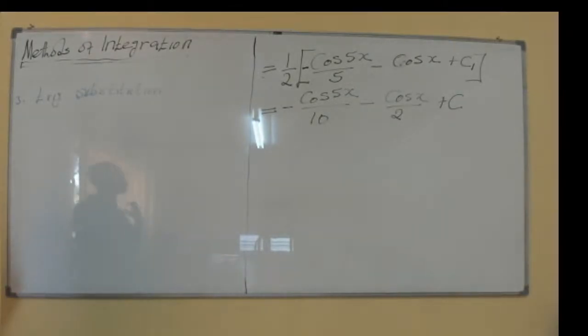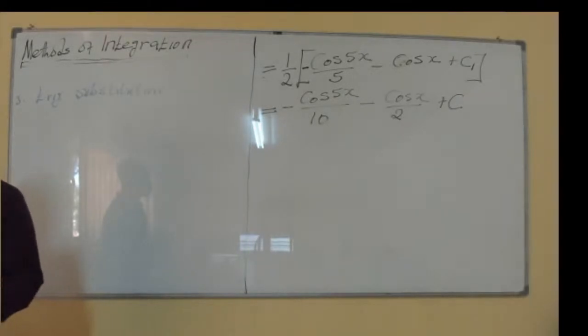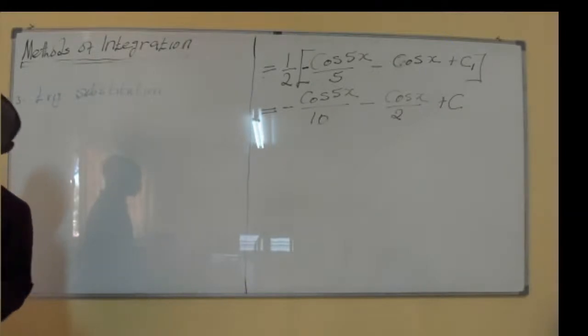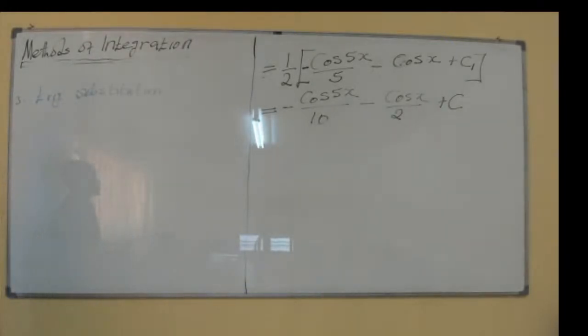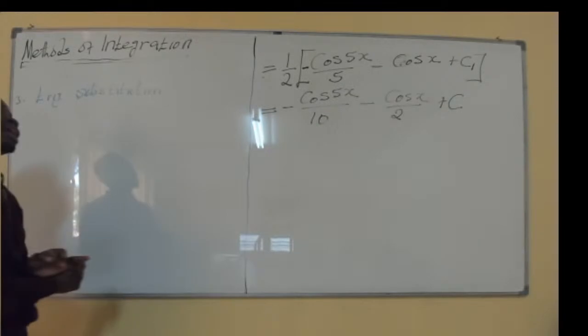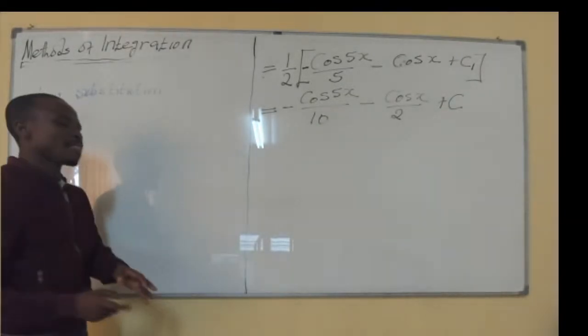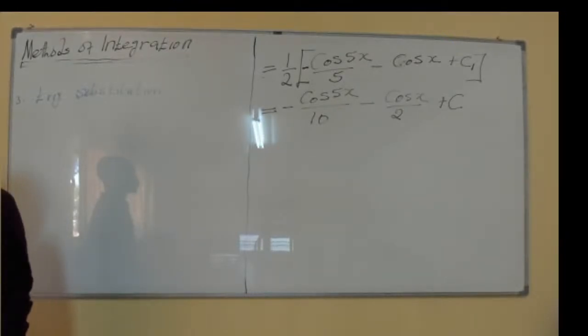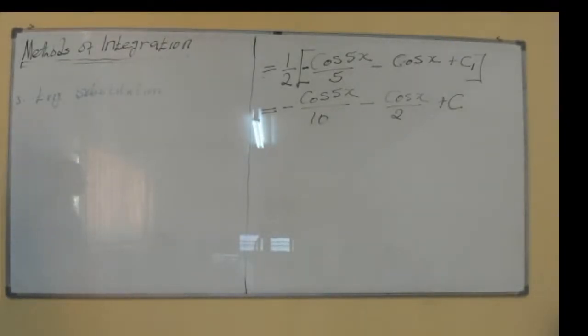So the best thing that you need to do is to use the trigonometric substitution, where there's x, you substitute with either the cosine or the sine function or the tan function, or these others, the sec function, the cosec, or the cot function. So depending on how the question has been given, you should be able to tell what type of function to use to substitute here.